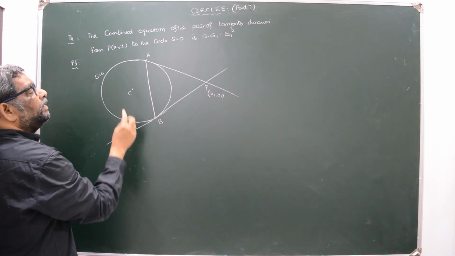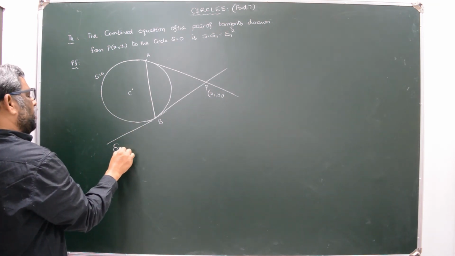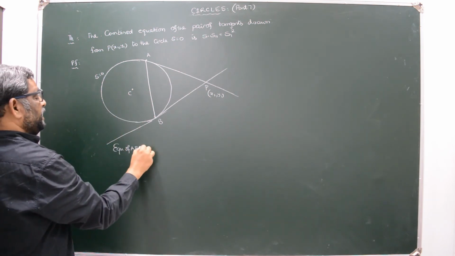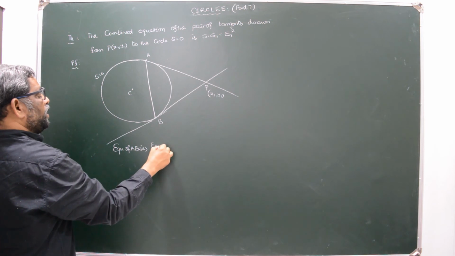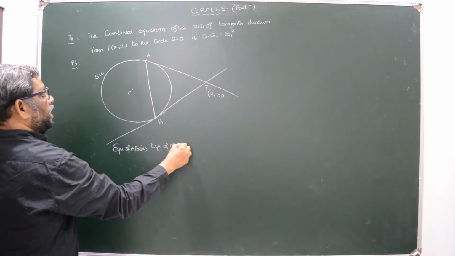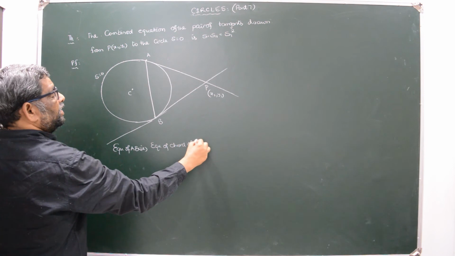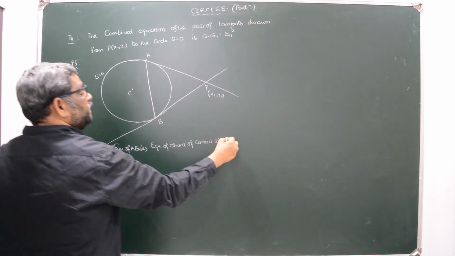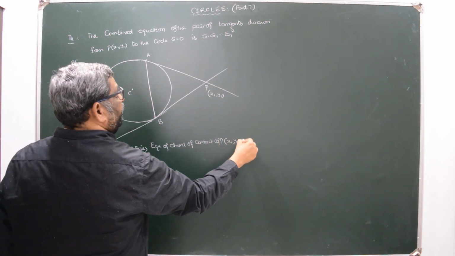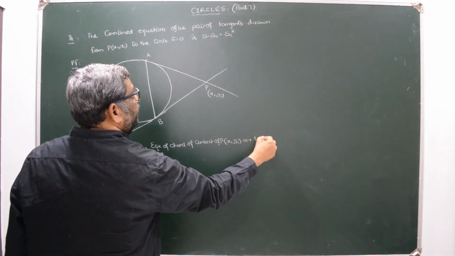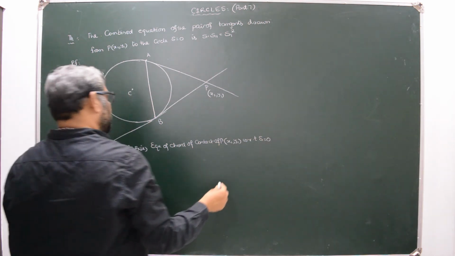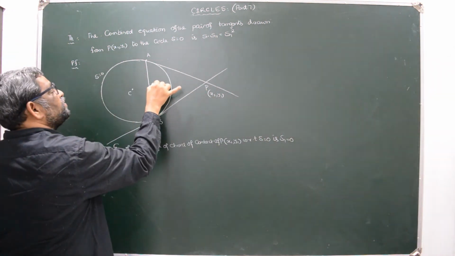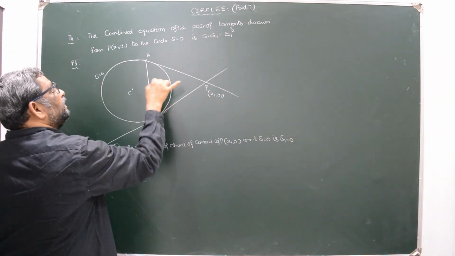So, here the equation of AB, that is the equation of the chord of contact of P(x1, y1) with respect to S equal to 0, is S1 equal to 0.